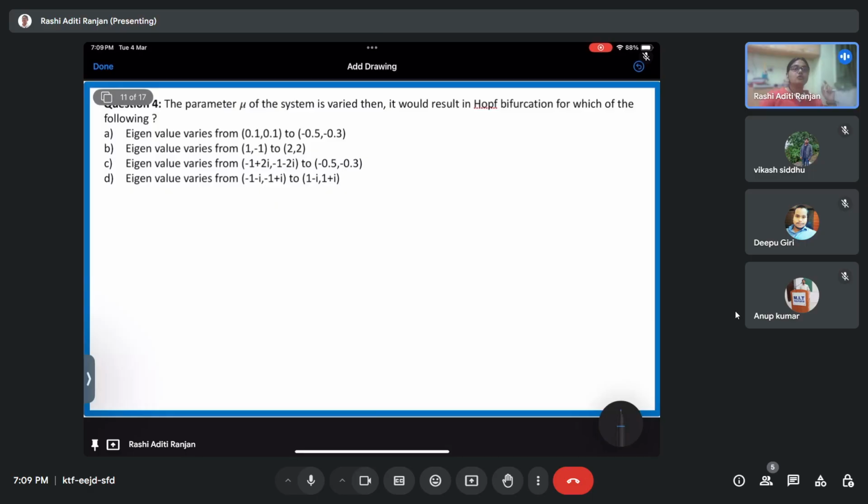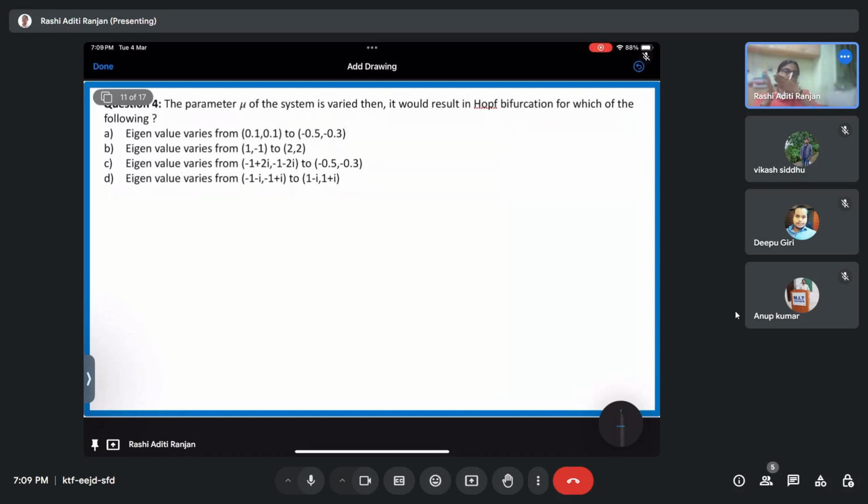When there is a change of a parameter, it results maybe from spiraling in to spiraling out behavior, or there is an occurrence of a periodic orbit, okay, a periodic orbit exists with a variation.